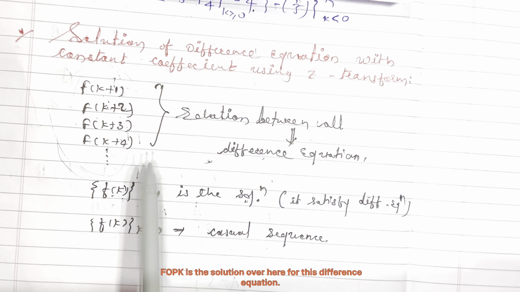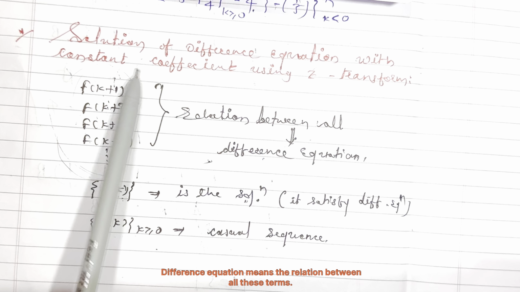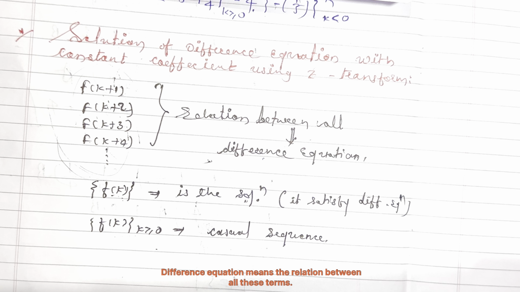And f of k is the solution for this difference equation, and difference equation means the relation between all these terms.